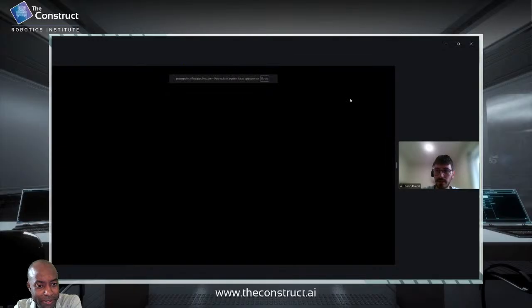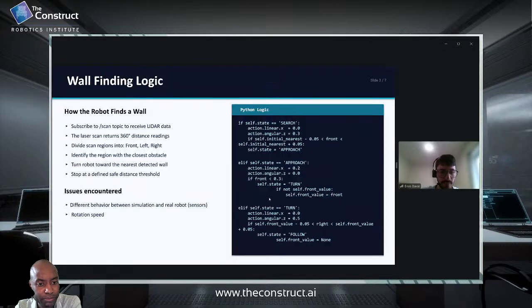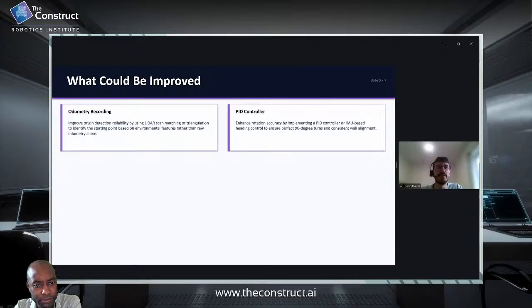So that's basically how it's working. And then at the end, it returns the total distance traveled and every point that was recorded. What could be improved in the short to mid term? The first one would obviously be the odometry recording.